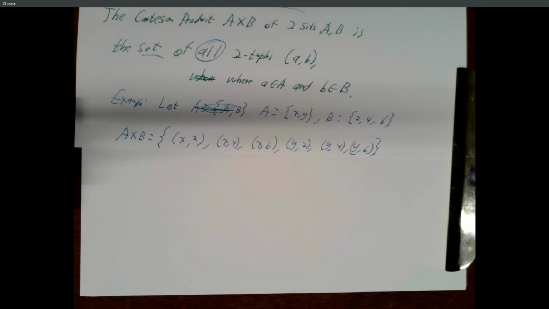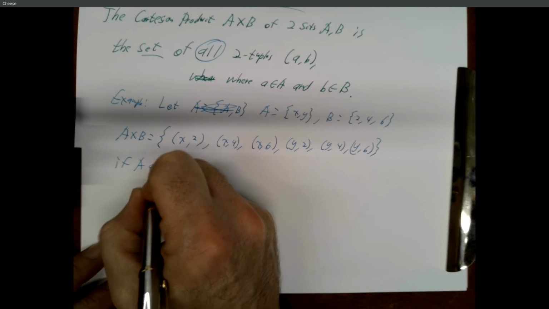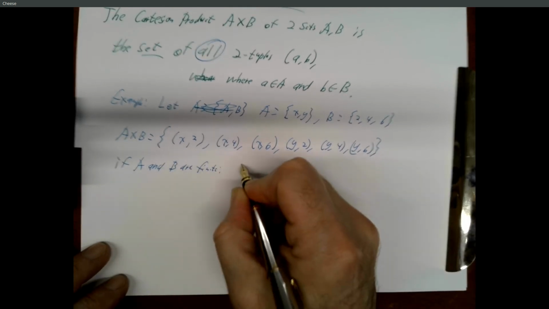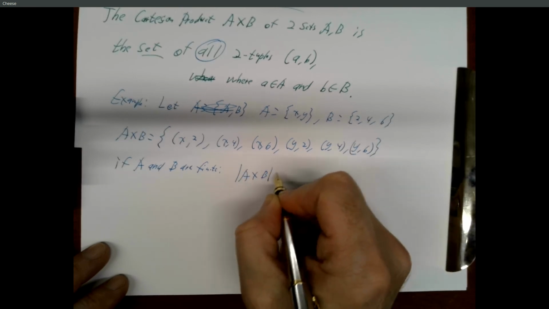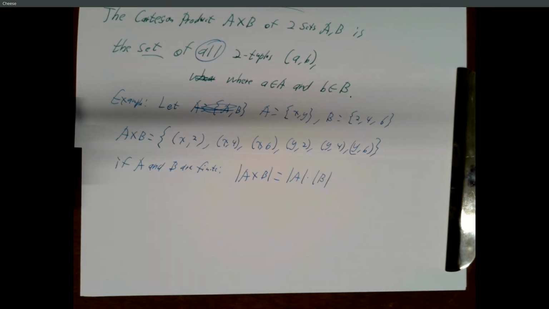And you might notice, if A and B are finite, then the number of elements in A cross B is the number of elements in A times the number of elements in B. We'll come back to that about week 7 when we talk about combinations and permutations. If your sets are finite or infinite, it gets more interesting.